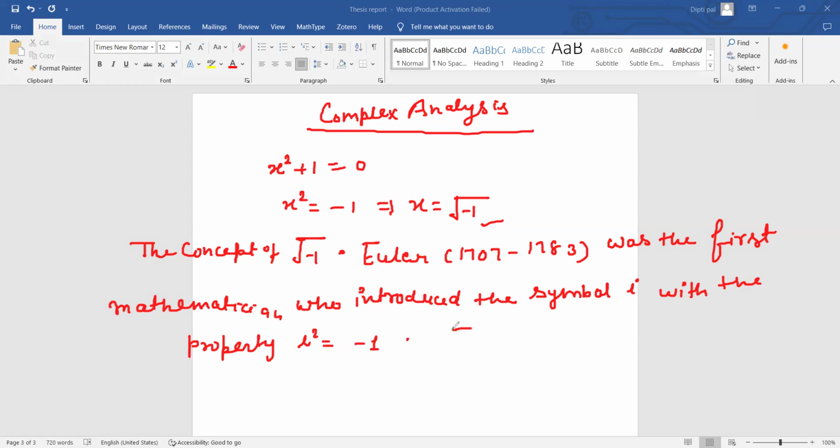Means the square root of minus 1 is i. We call it iota. Okay.